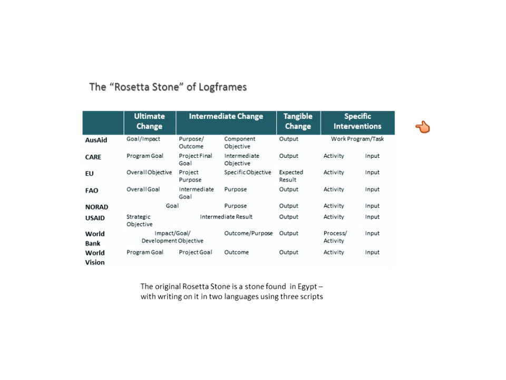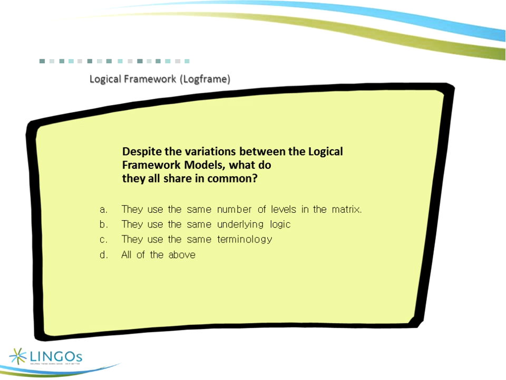If you're in an organization that is doing Logframes, you probably have your own adopted way of doing it. If you're writing proposals or implementing projects with certain donors, then you're probably following what they want you to do. In many cases, you may have multiple formats that you're using within an organization.